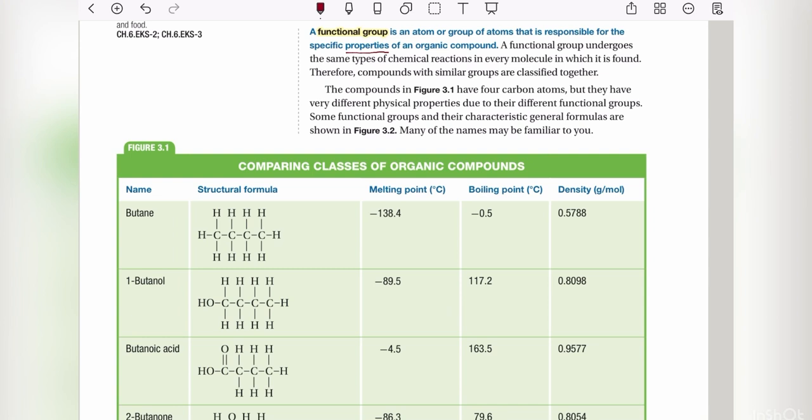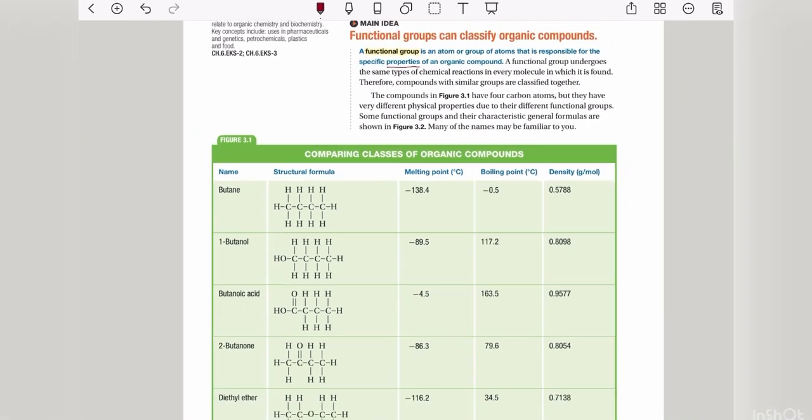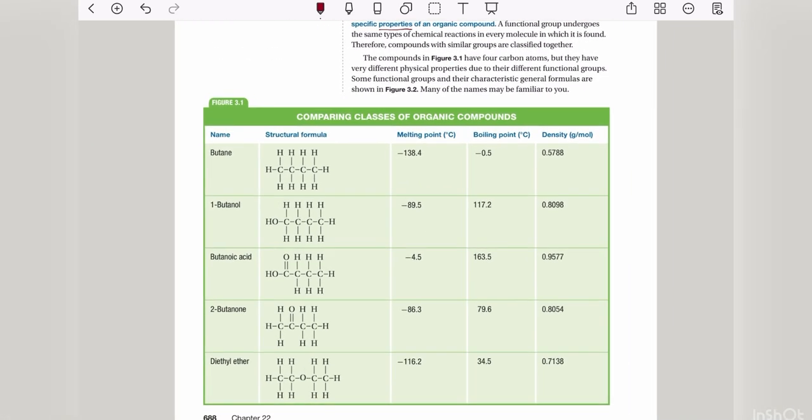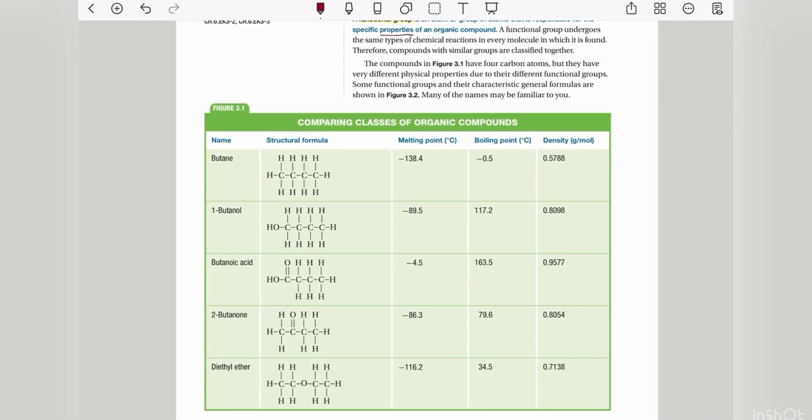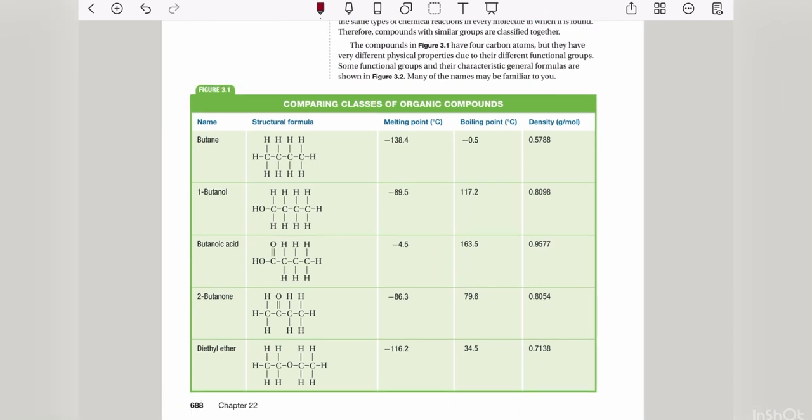The compounds in figure 3.1 have 4 carbon atoms, but they have very different physical properties due to their different functional groups. Some functional groups and their characteristic general formulas are shown in figure 3.2. Many of the names may be familiar to you. In figure 3.1, it's quite easy to observe that even if the number of carbon atoms in the compounds is the same, but functional groups are different, the properties will be very different.